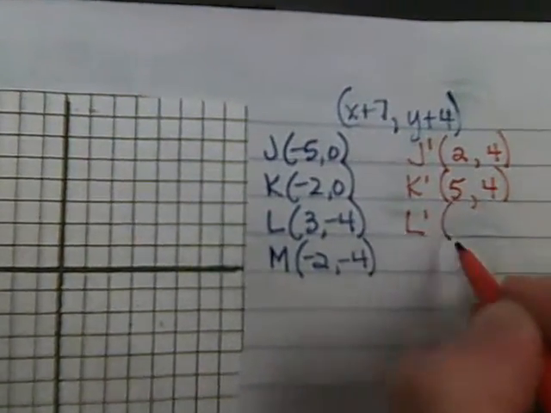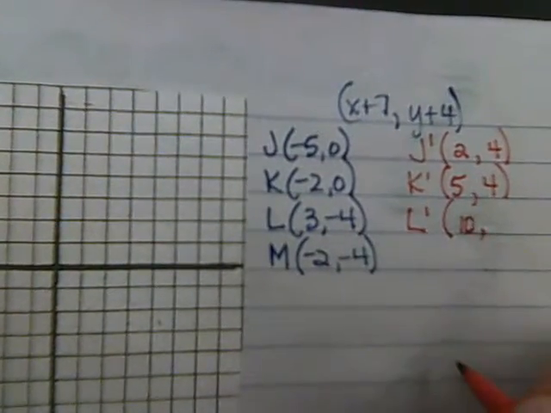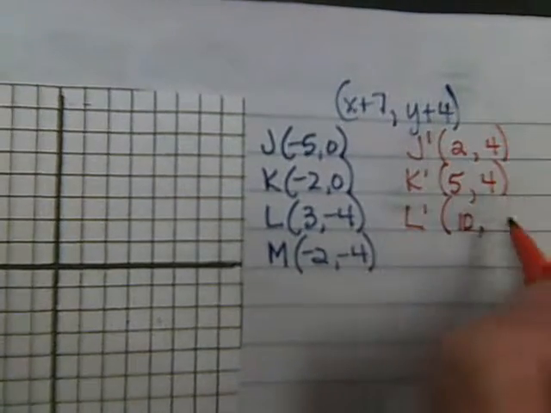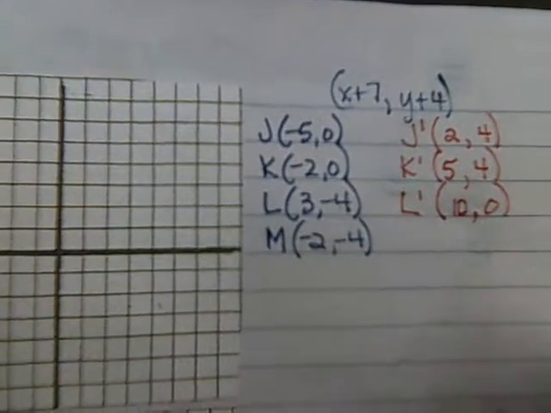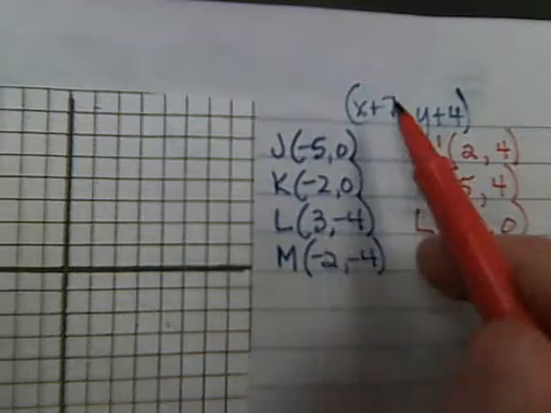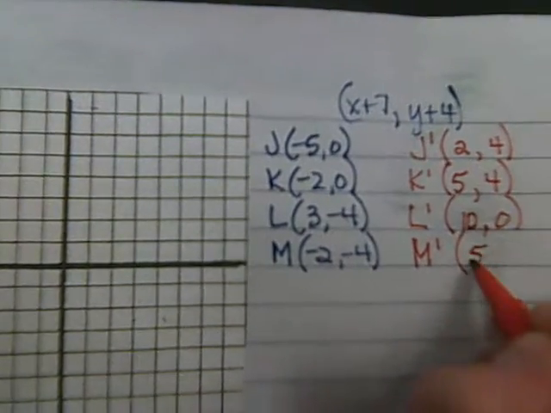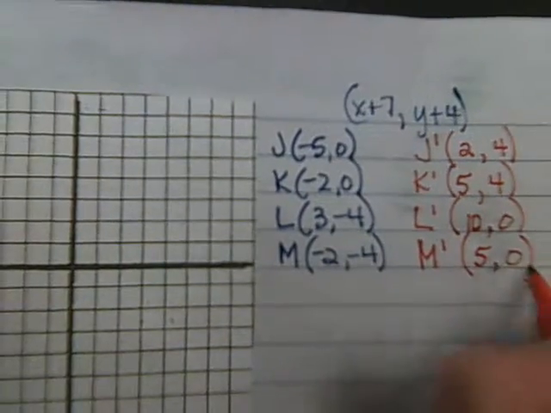L prime. 3 plus 7 is 10. -4 plus 4 is 0. And M prime. -2 plus 7 is 5. -4 plus 4 is 0.